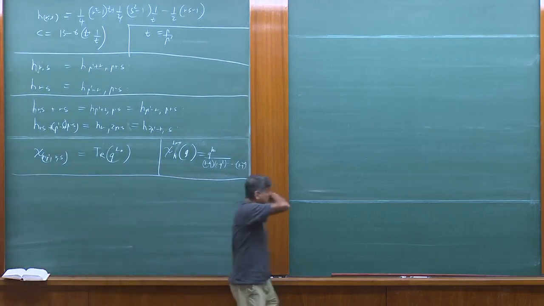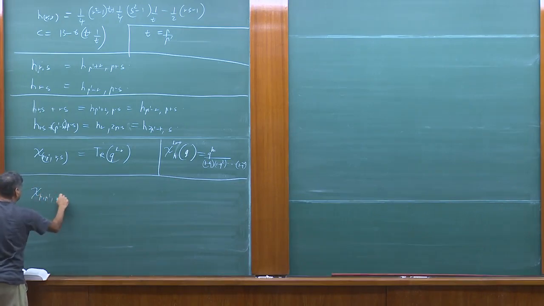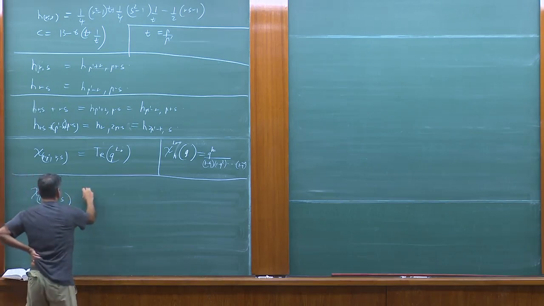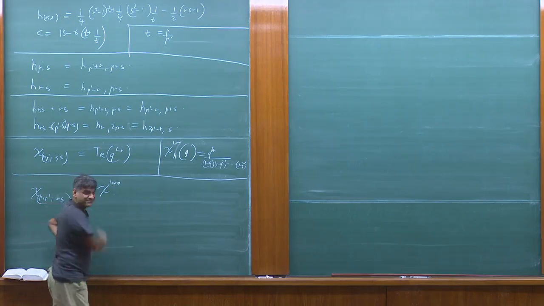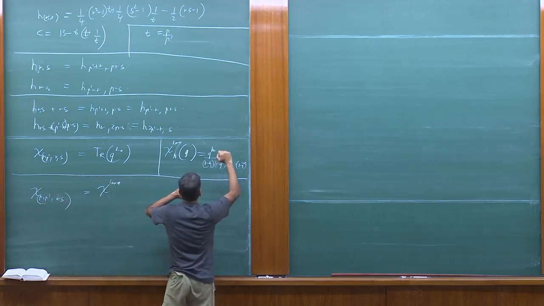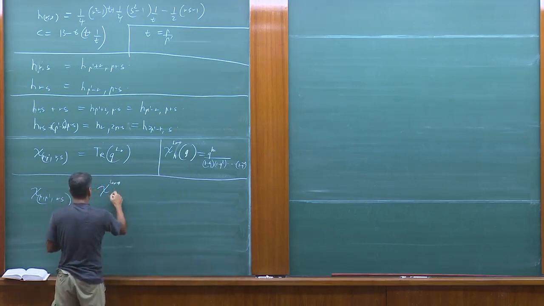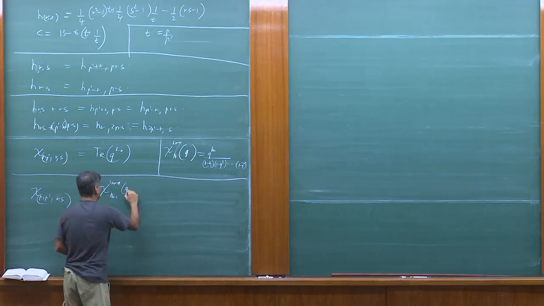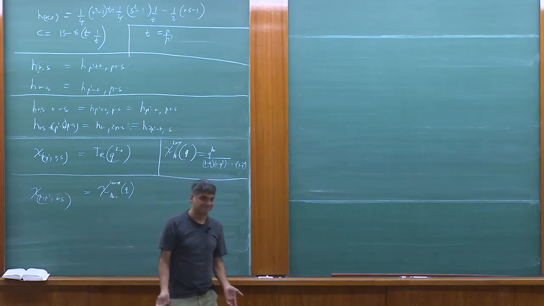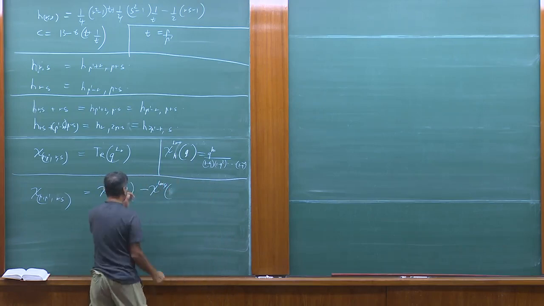Okay? Therefore, if we momentarily forget the fact, your first guess might be that chi of (p prime, r, s) will be chi long of H_rs of Q, minus chi long of the two H's associated with the null states.